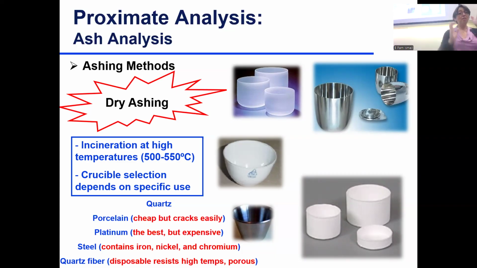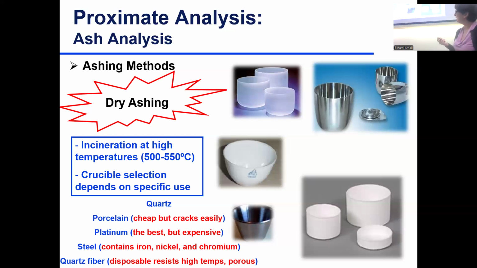Then we turn off the heat, leave your crucibles inside until temperature goes down. Then we take them out and put them in desiccators to cool down. Otherwise, those porcelain crucibles will crack. And given that they are cheap and you can go around not having them crack, they're used very often, and these are the ones that you will be using in the lab, which you already used for atomic absorption.